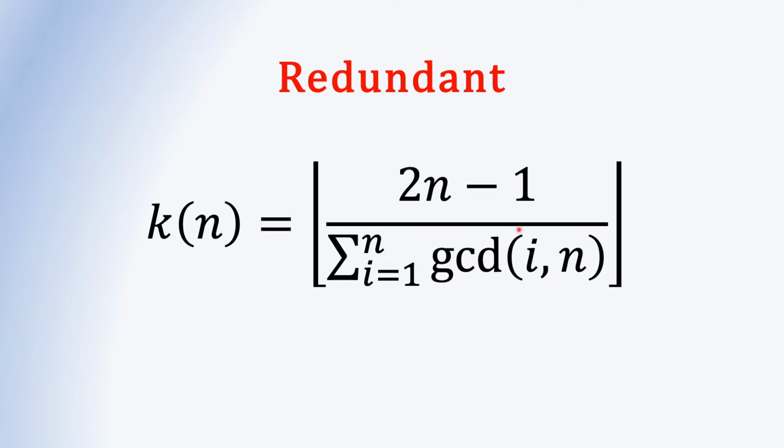So yeah, it is not elegant in mathematics to work with functions that can be quite redundant. So it's a drawback of this function k of n to keep in mind.